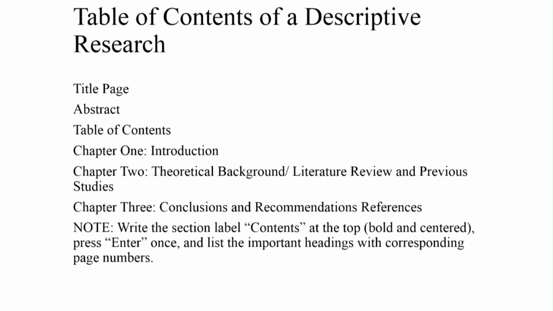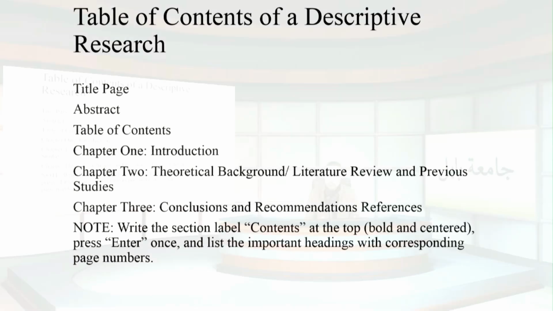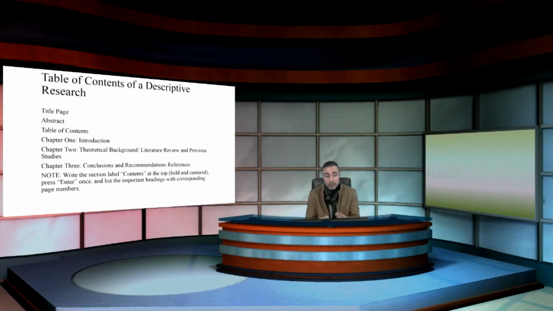And then we come to chapter 2. It talks about the theoretical background, literature review, or previous studies. This is where you touch base on what has been done in the past on the subject that you have chosen, giving the readers an insight about the theme of your topic.